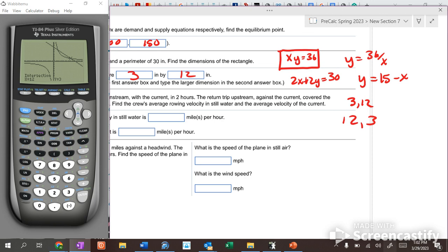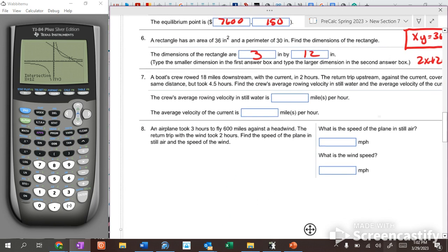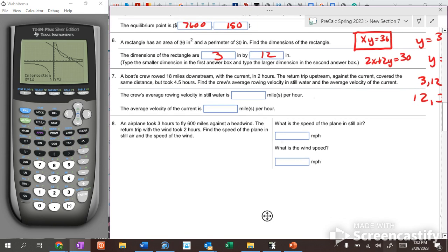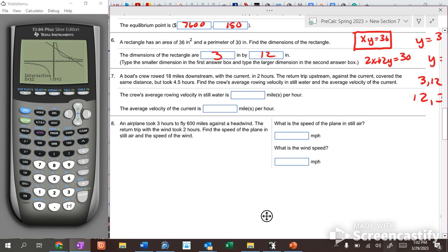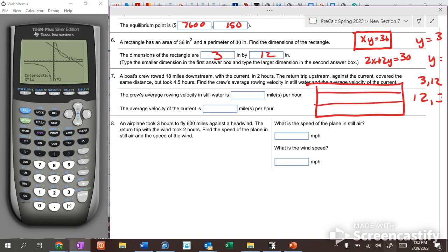Okay. The next one, we don't spend enough time compared to back in the day on these. We spent a lot of time on these. A boat's crew rowed 18 miles downstream with a current for 2 hours. So this is a rate times time equals distance problem. And you're going downstream and then upstream.